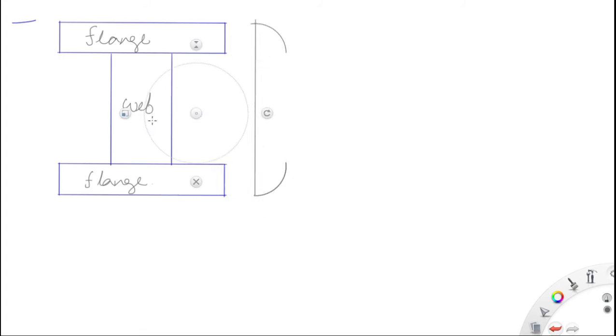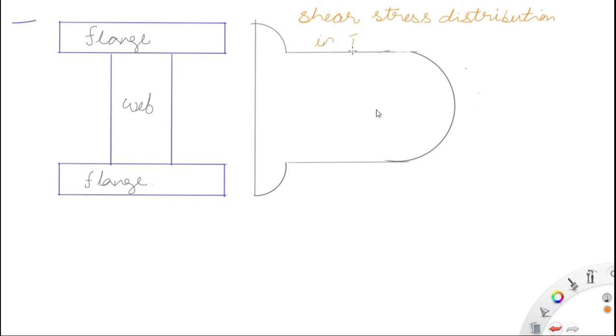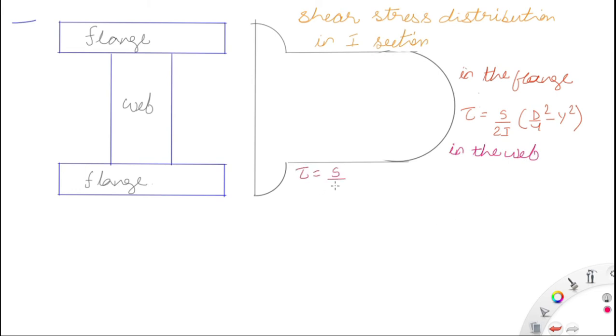So we have to see that. This is the shear stress distribution in the flange, and this is the shear distribution in the web, and maximum shear stress is at the middle, at the neutral axis.